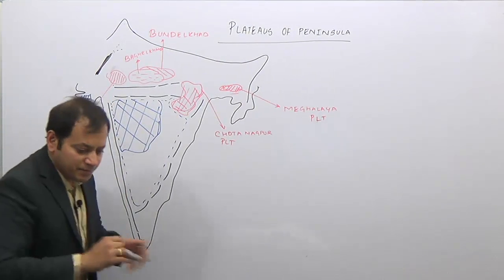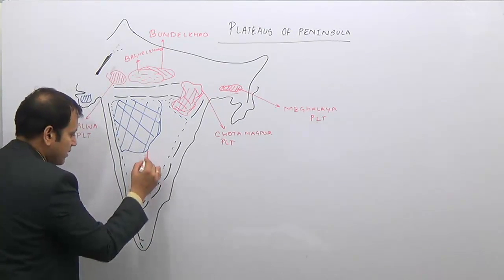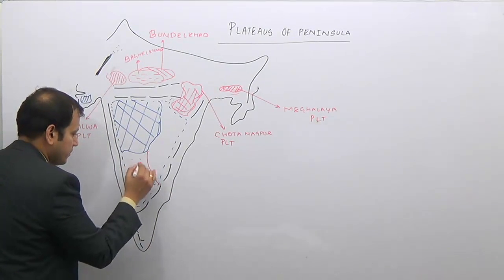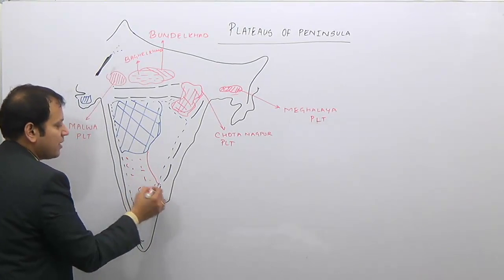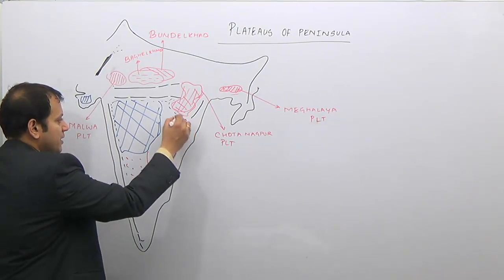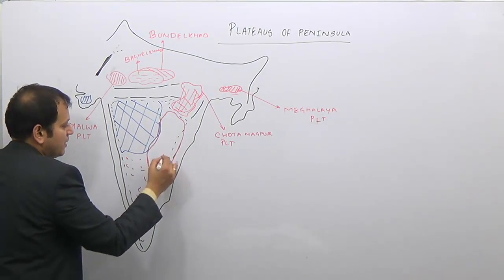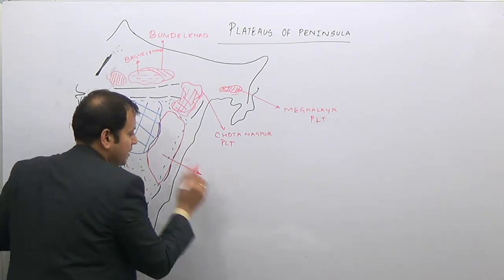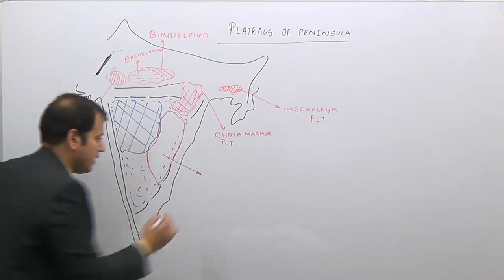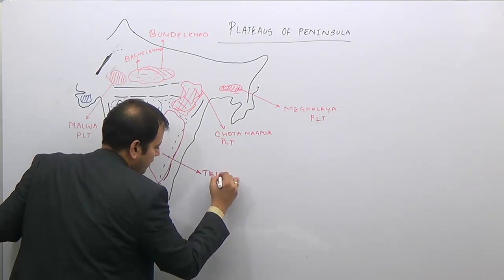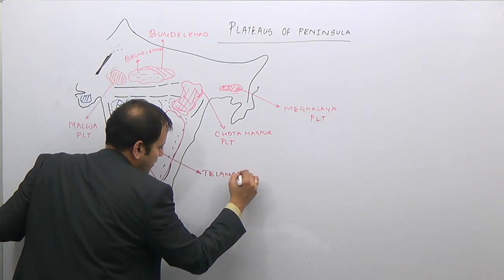This part here is the Karnataka Plateau, while this part here is the Telangana and the Rayalaseema region, the newly formed state of Telangana.